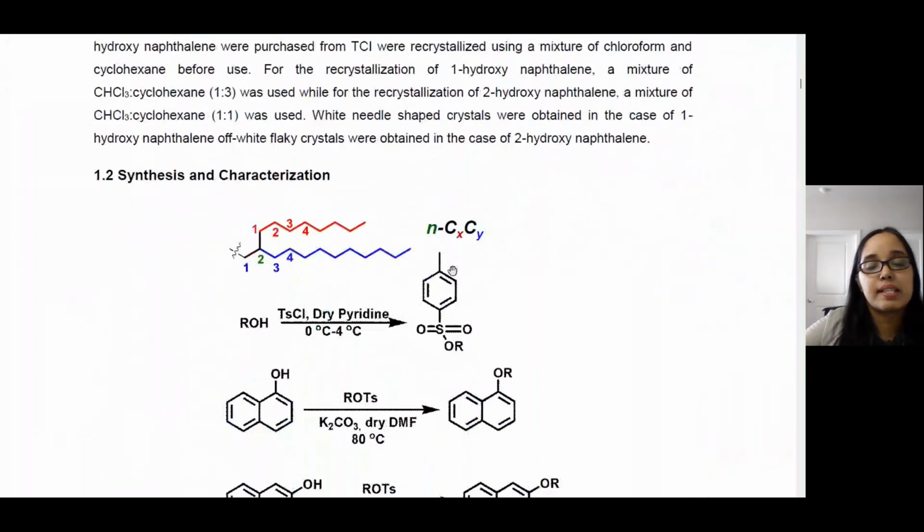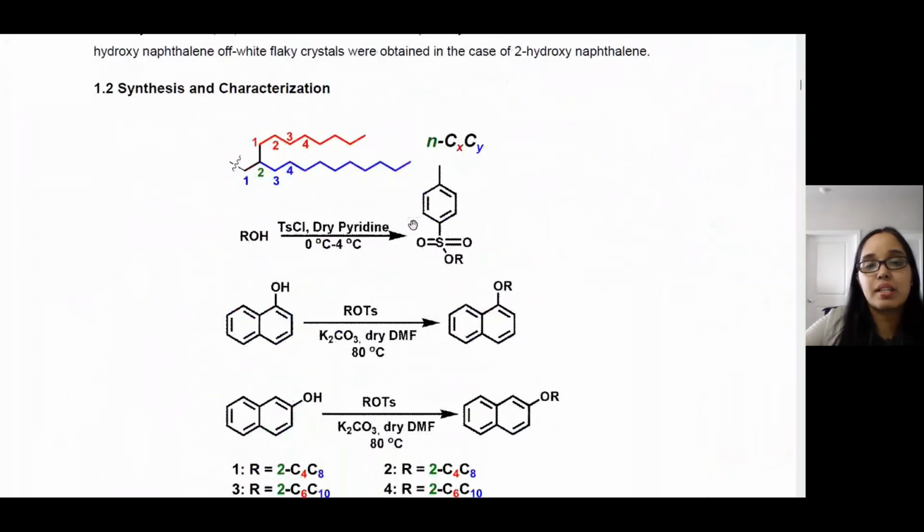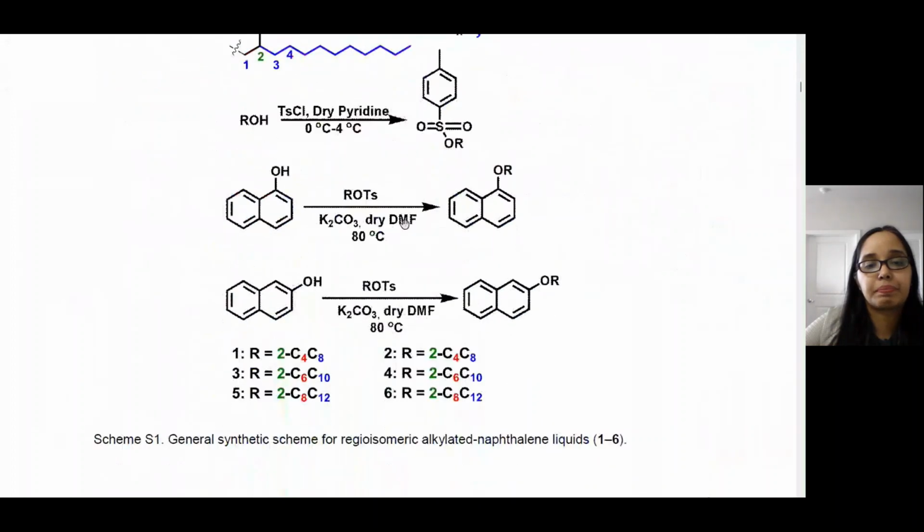So then comes synthesis and characterization. So if you are just interested in synthesizing this molecule, you need not read through the whole paper and results and discussion. You can just go to the supplementary information and see how the author has synthesized the particular molecule, because this is the relevant information you need. And characterization also will be provided in detail in the papers.